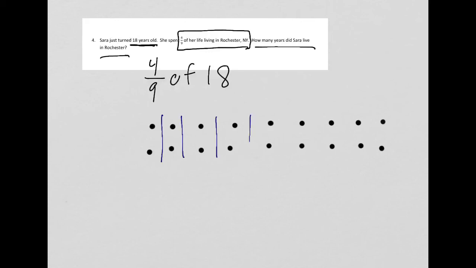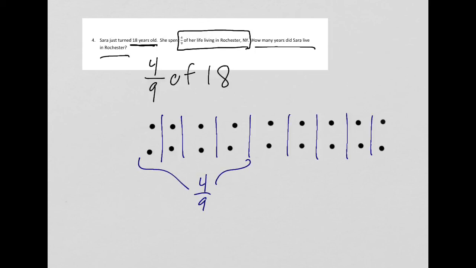So I'm going to do 1, 2, 3, 4, 5, 6, 7, 8, 9, 10, 11, 12, 13, 14, 15, 16, 17, 18. So there are my ninths. So I've got all of my ninths. And what I want to do is I want to know what 4 of them equals, because I'm trying to find 4/9.